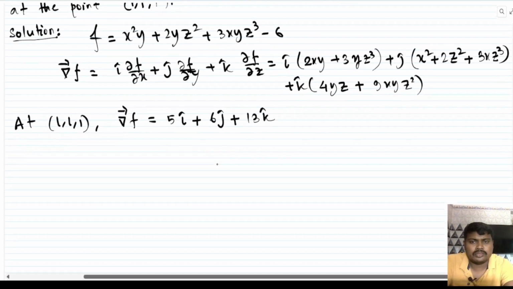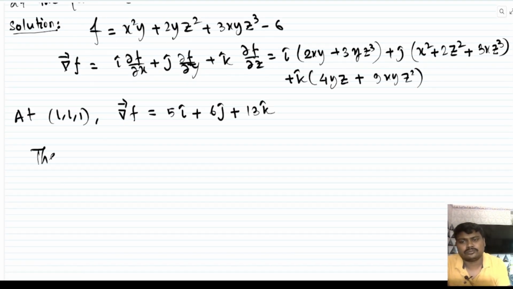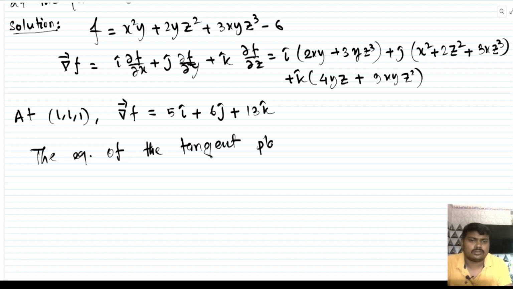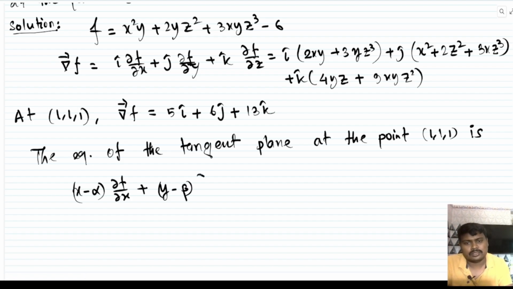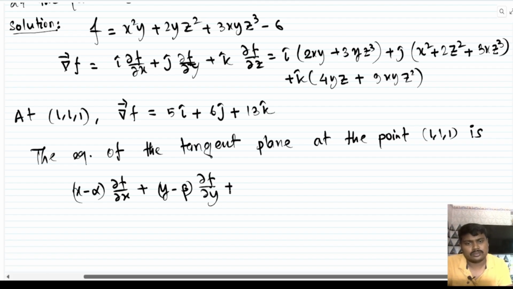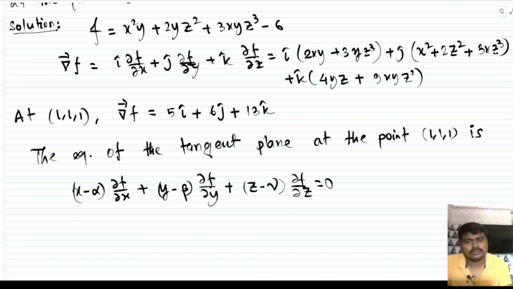Hence the equation of the tangent plane at the point (1, 1, 1) is (x − alpha) ∂f/∂x + (y − beta) ∂f/∂y + (z − gamma) ∂f/∂z = 0.